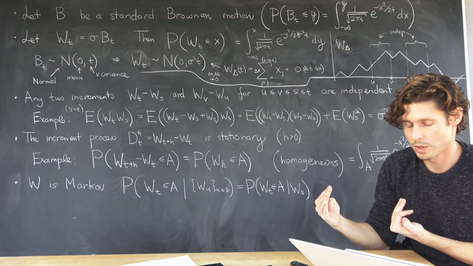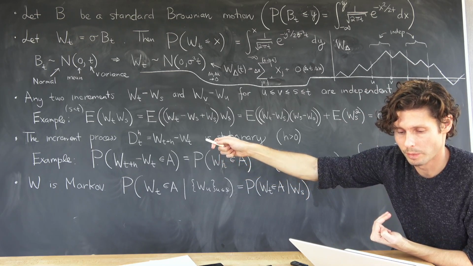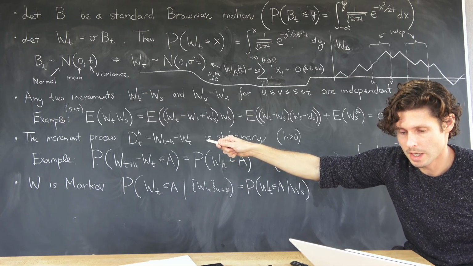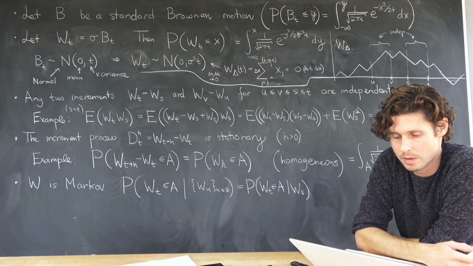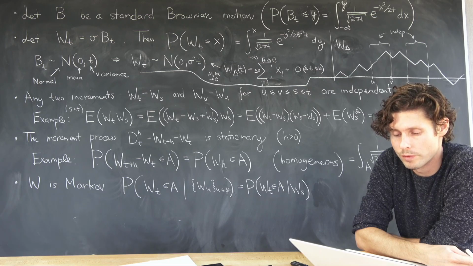And now you have two time points, t plus h and t, and so this forms an increment of elapsed time h. And what this is saying is that it's stationary, which is a little bit similar to our experience with stationary distributions. Something that's stationary doesn't change its distribution as time moves on.